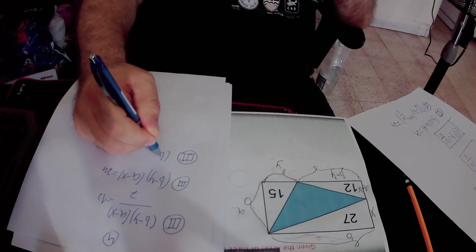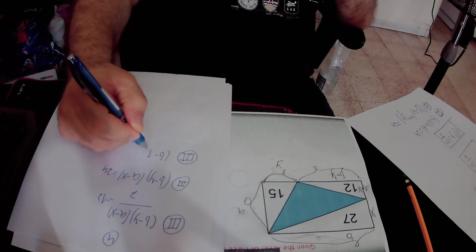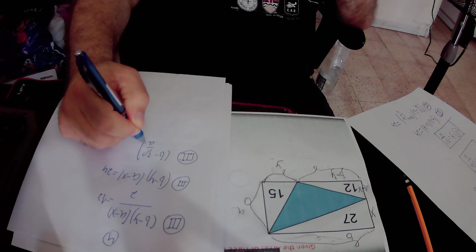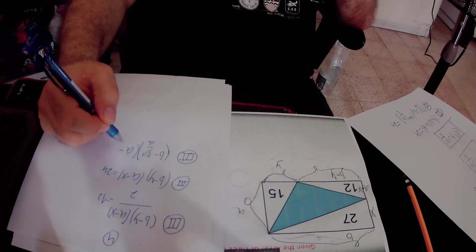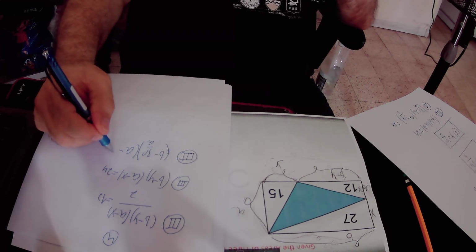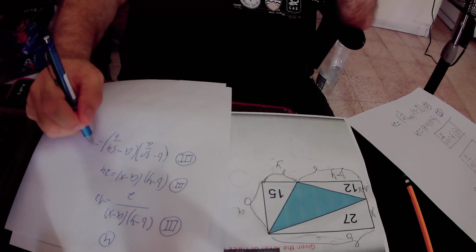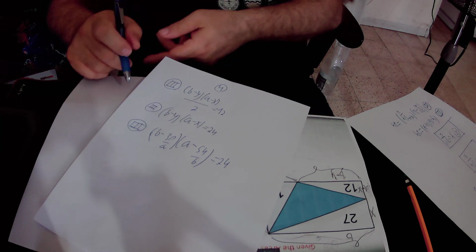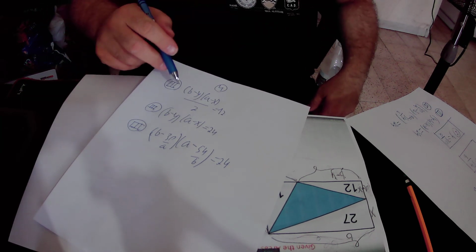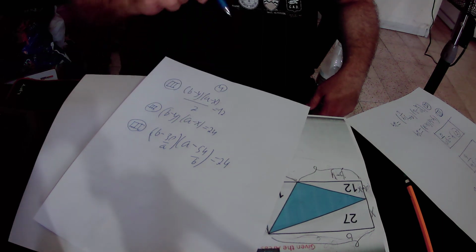So it is b minus y, and y equals 30 over a, times a minus x, and x equals 54 over b, all equals 24. So this is the correct third equation. We substituted y by 30 over a and x by 54 over b.